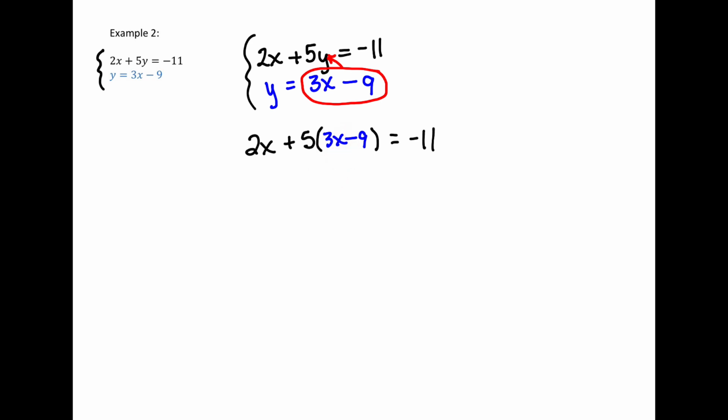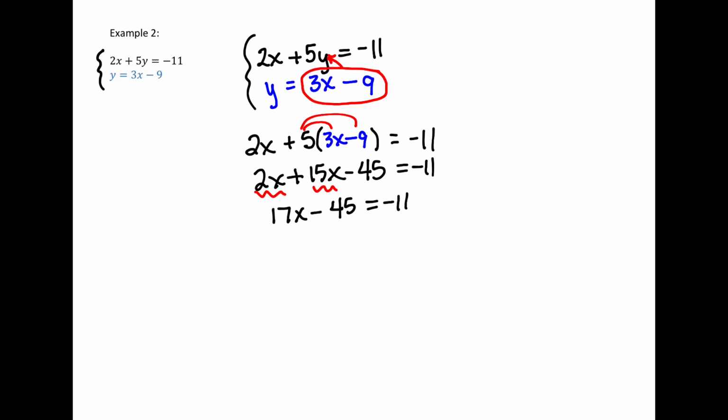So let's distribute here. 2x add 15x minus 45 equals negative 11. Now we have like terms. So 17x minus 45 equals negative 11.